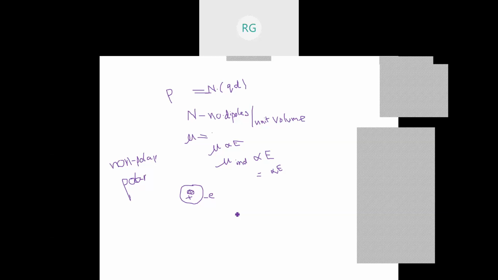Similarly, in an atom, suppose I have the positive charge in the nucleus. So I draw here a nucleus, and this nucleus will have some positive charge in it. This entire positive charge is because of the protons that are present. These protons are spread in the volume of the nucleus.